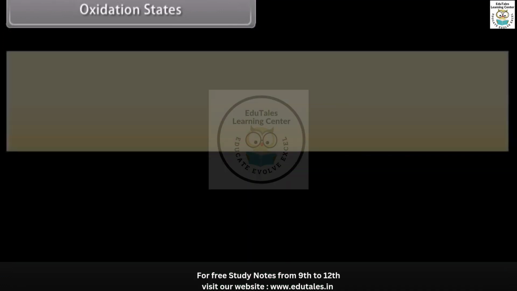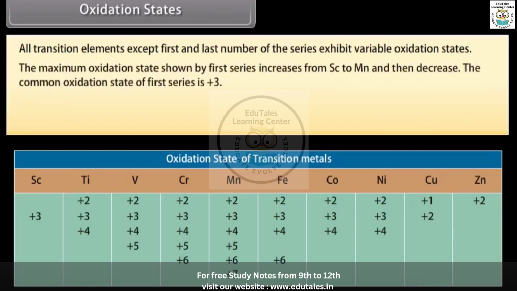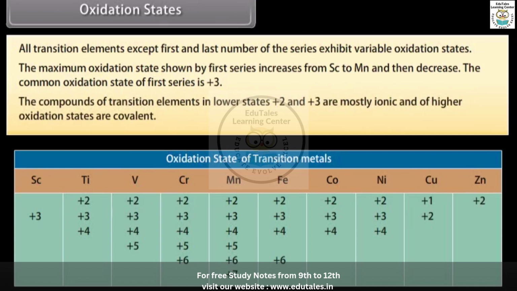Oxidation states. All transition elements except the first and last member of the series exhibit variable oxidation states. The maximum oxidation state shown by the first series increases from scandium to manganese and then decreases. The common oxidation state of the first series is +3. The compounds of transition elements in lower states +2 and +3 are mostly ionic and those of higher oxidation states are covalent.